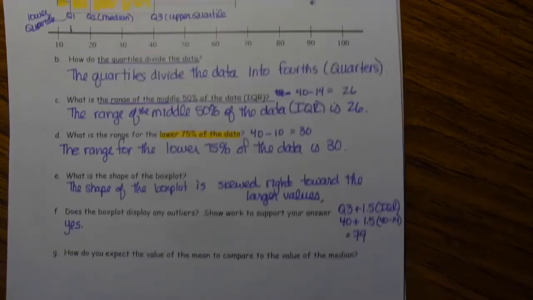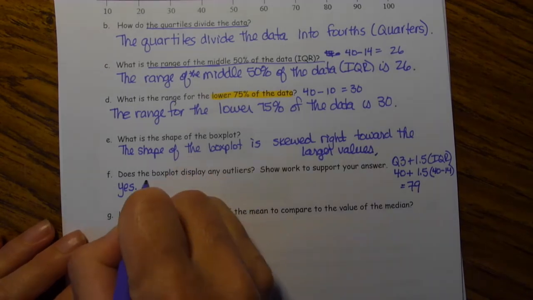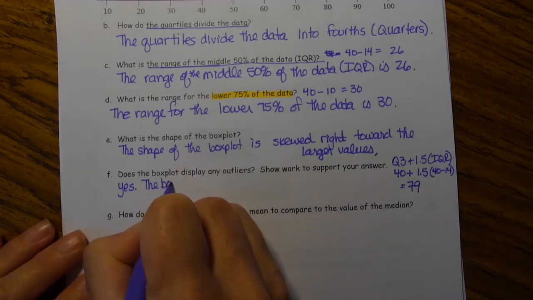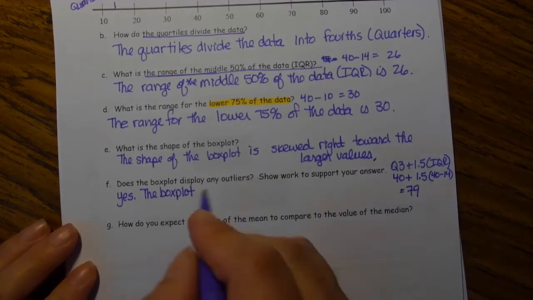So we know anything bigger than 79, we can say the box plot shows one outlier.